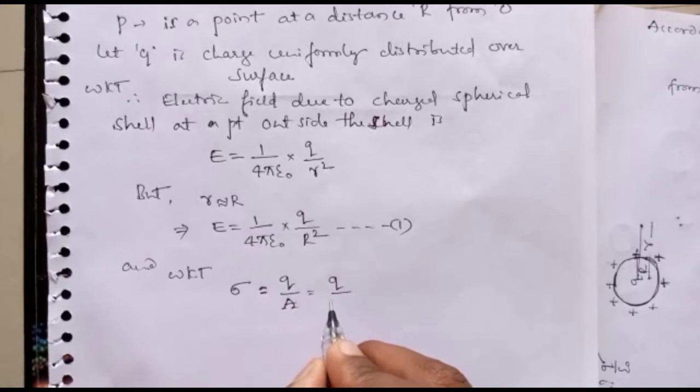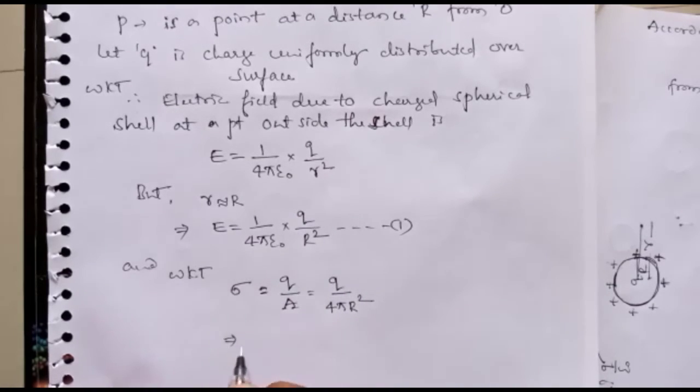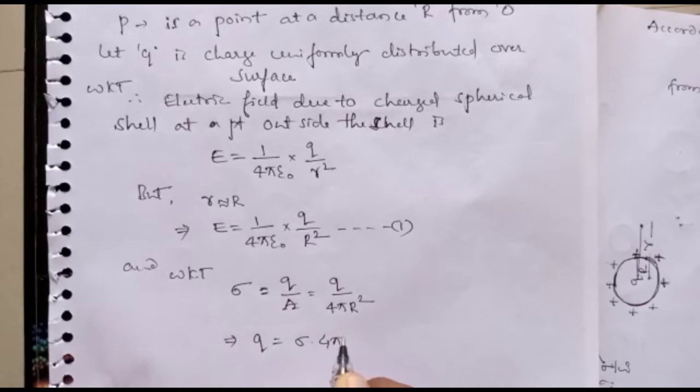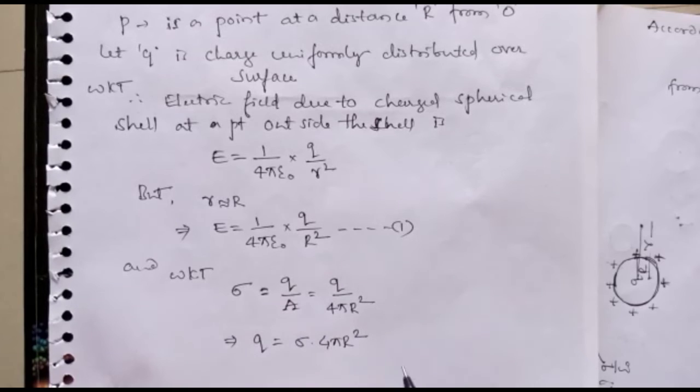The area here is 4 pi capital R square, the area of the spherical shell, which implies q can be written as sigma into 4 pi R square. Let us look at equation number 2.